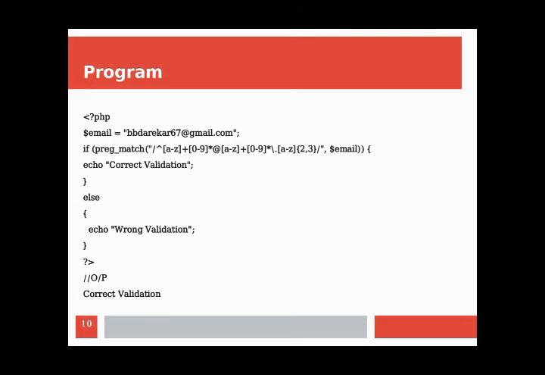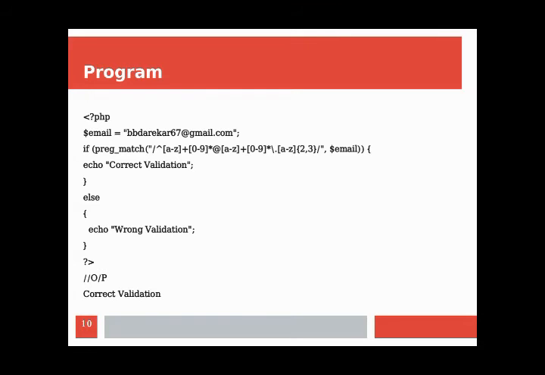Here is how preg_match will check. We have to check whether our email ID is correct or not, and according to that, the output will be displayed as validation correct or validation wrong. It will check whatever is written in our email ID. See here a-z, that means small a to z is used, then again 0-9, that means digits 0-9 are used there, then star.